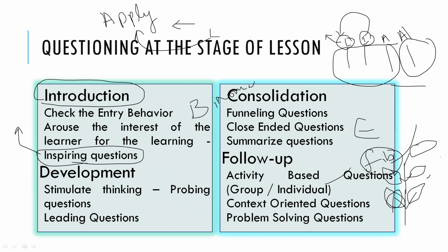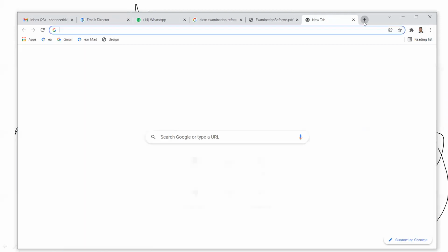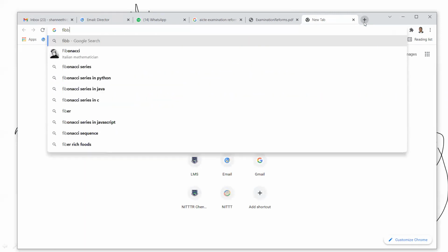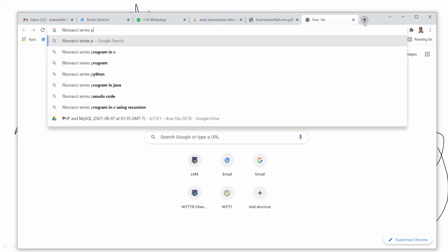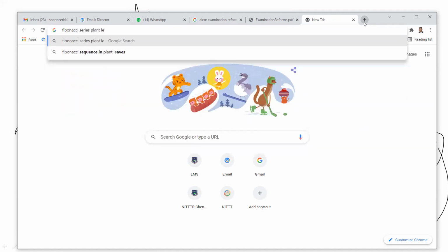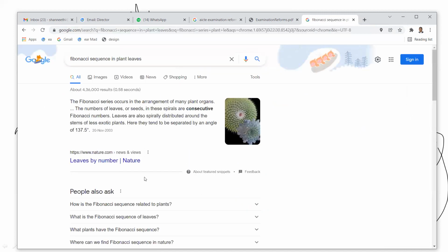But how is it really happening? There are many YouTube videos for many topics. Maybe I will check Fibonacci plant leaf. Okay, plant leaves. If you see nature.com, this is the Fibonacci series.